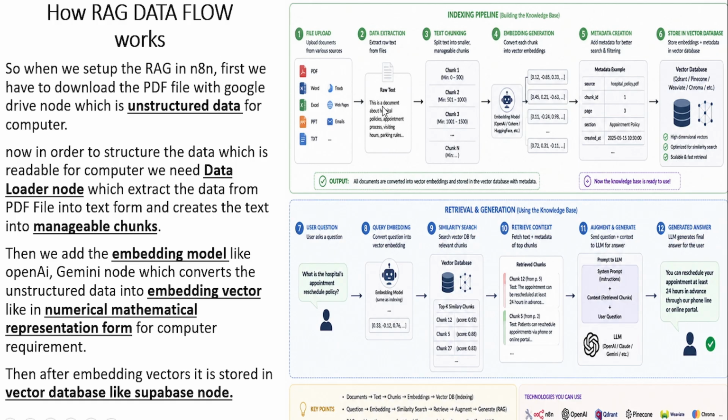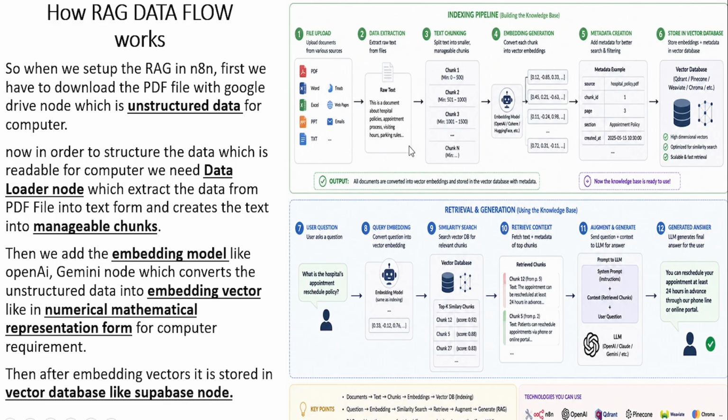So in order to make this raw text or unstructured data into structured data, we use this whole process where we use the data loader node in n8n, which extracts the data from the PDF file into text form and creates the text into manageable chunks.